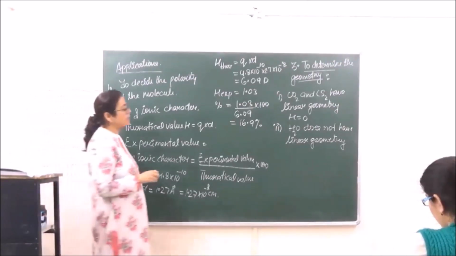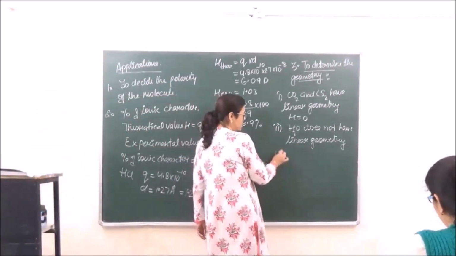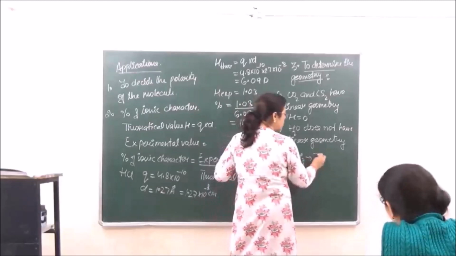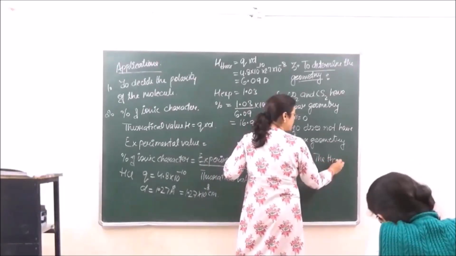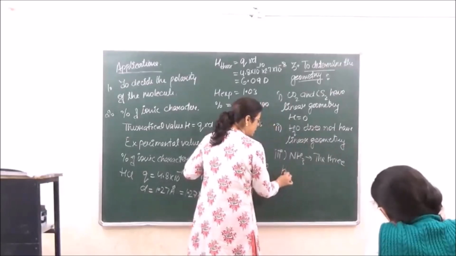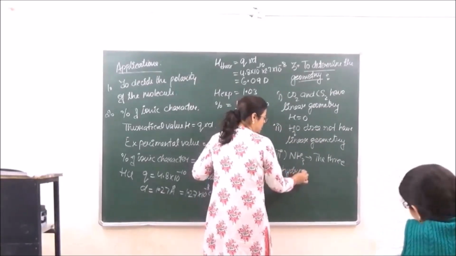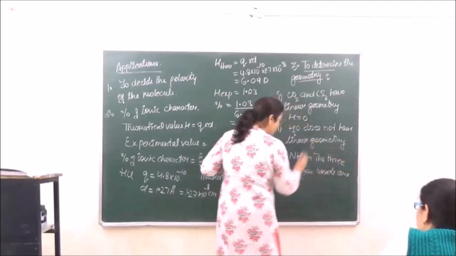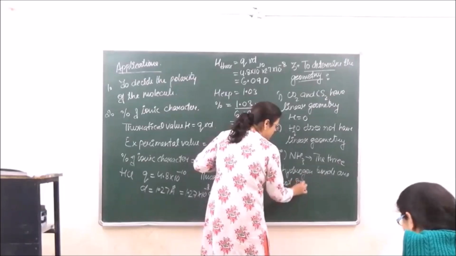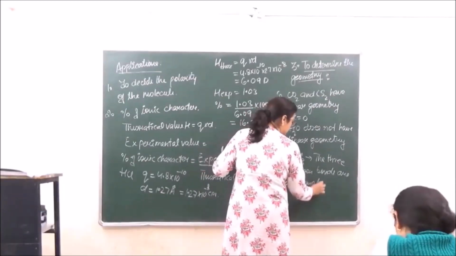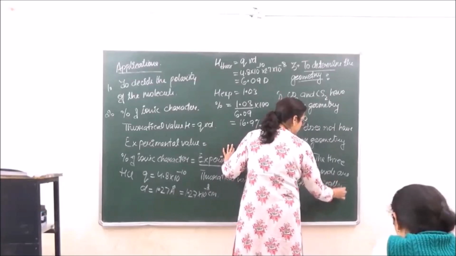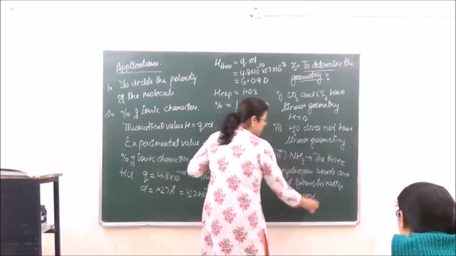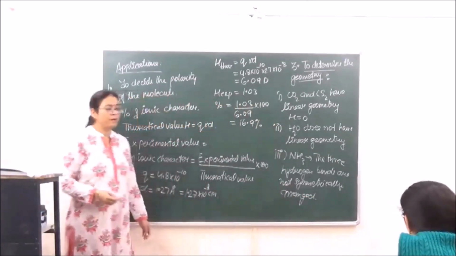Okay? Similarly, we say that in the case of ammonia, the three hydrogen bonds are not symmetrically arranged. So because they are not symmetrically arranged, they have a net value of dipole moment, okay?